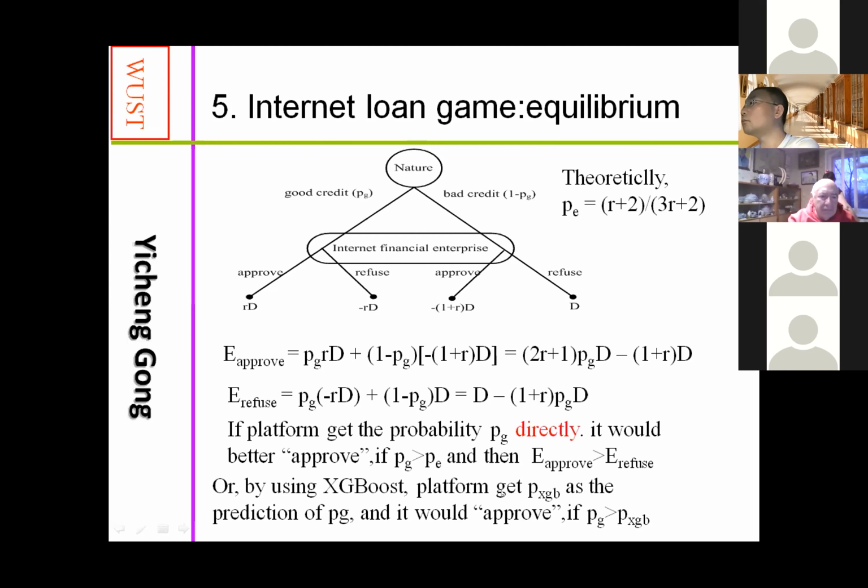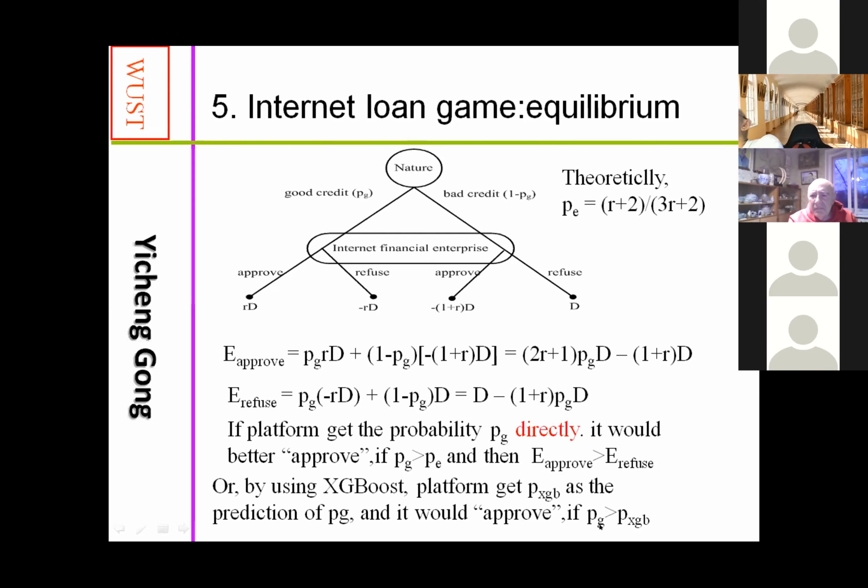Then the platform can get PXGB; we denote the probability predicted by XGBoost as PXGB, the prediction of PG by XGBoost.